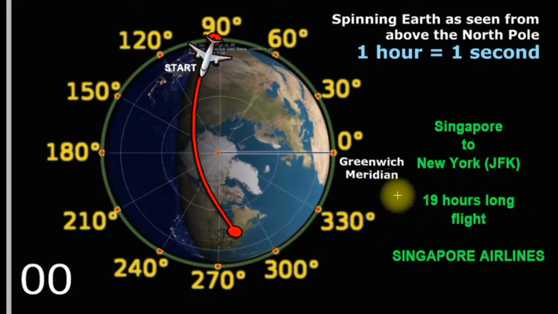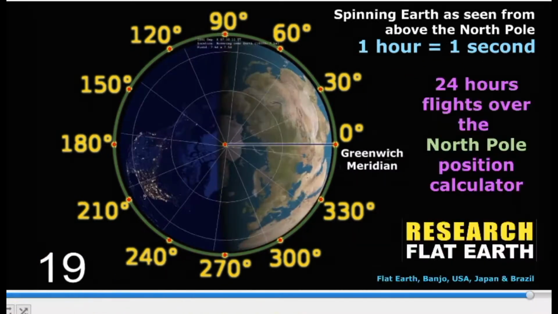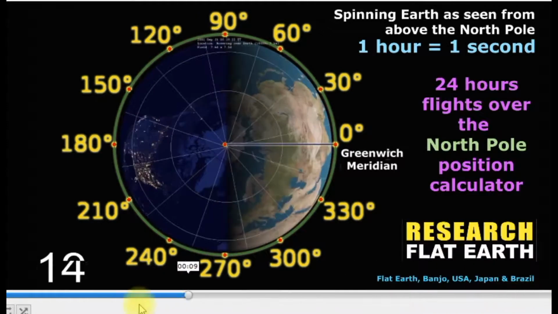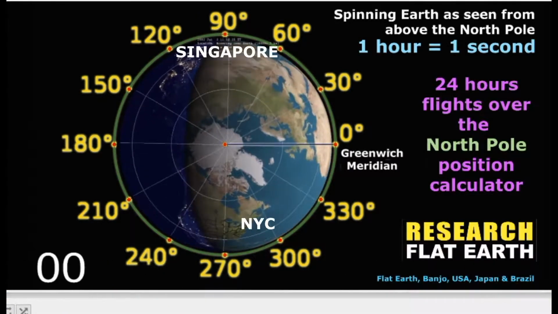A 19 hour long flight. Singapore Airlines, it's a big Airbus 380, flies this route. Let's go to our timer, 19 hours long. Go back here. Remember, this is the flight back coming from Singapore to New York, 19 hours long.